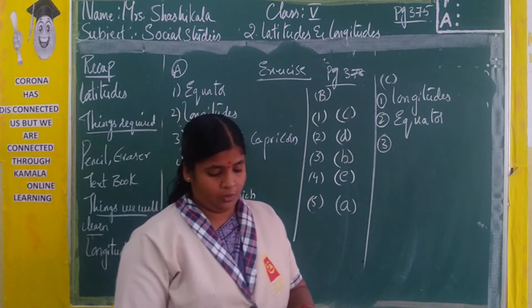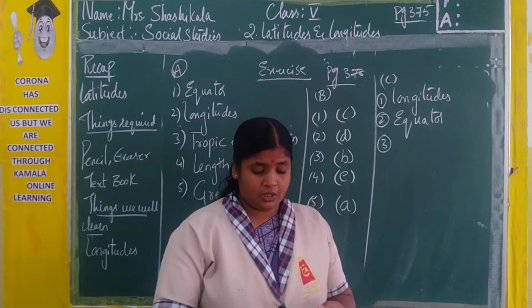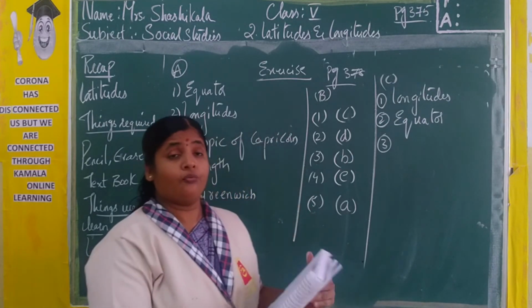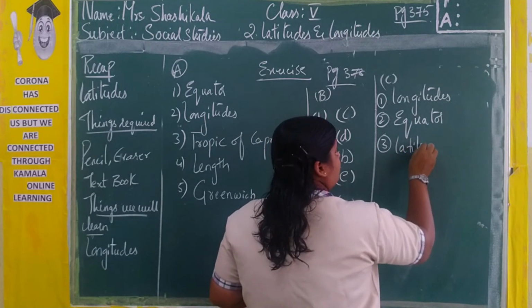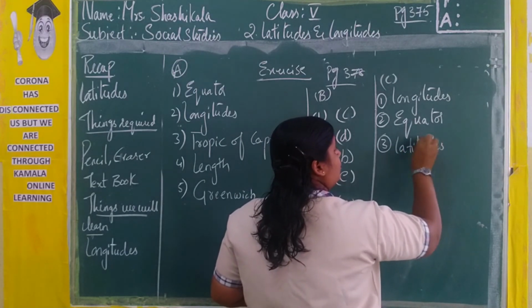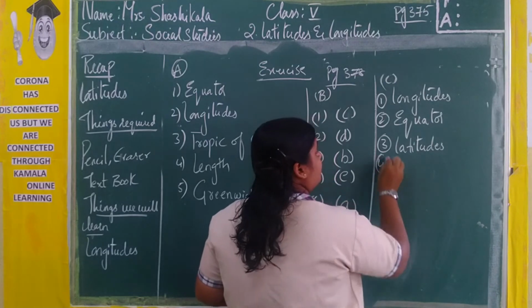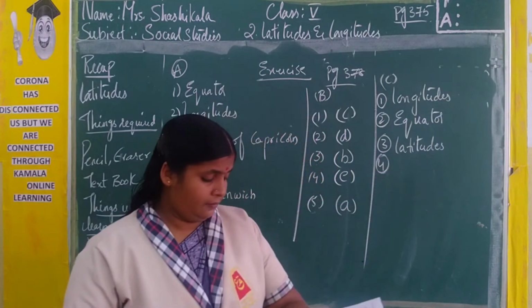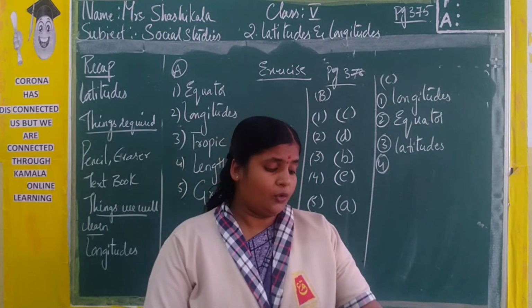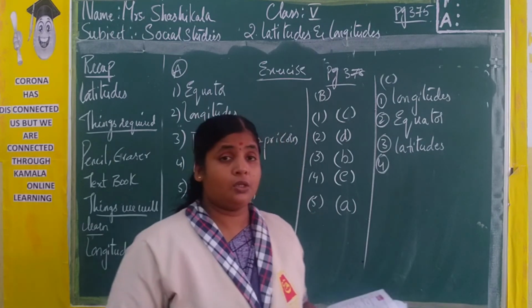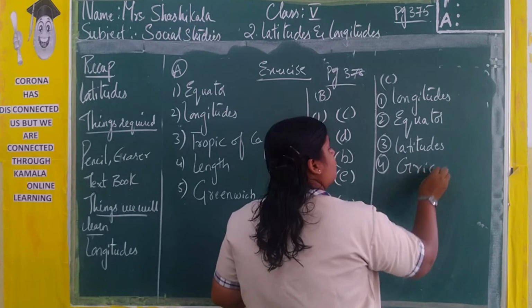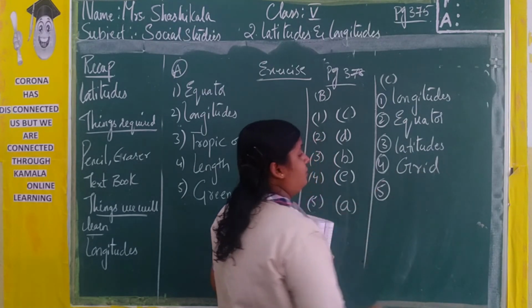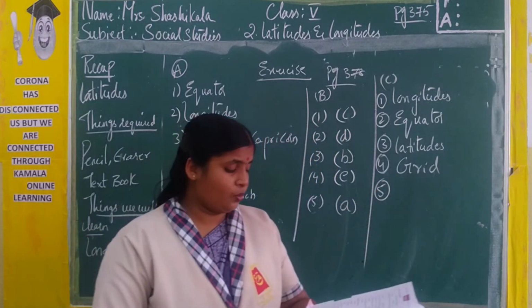Right? Now, the imaginary lines that run from east to west are latitudes, and north to south is longitudes. Right? Now, fourth one. The network of longitudes and latitudes is known as grid. Now, fifth one.